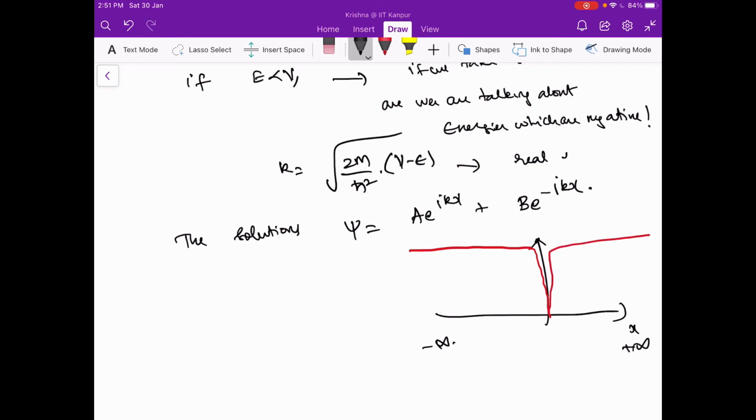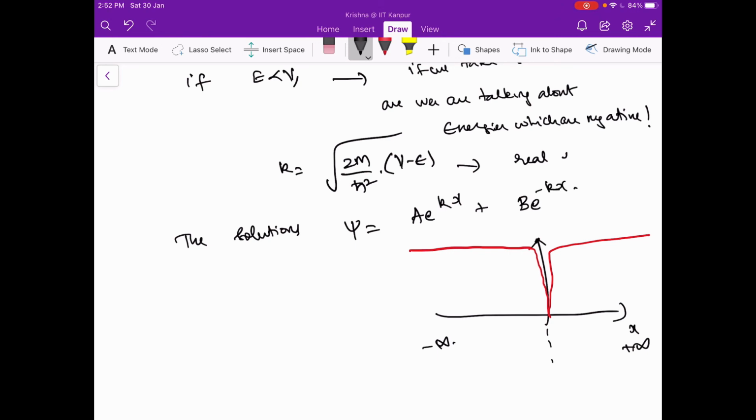And the solutions are, let's say this is region 1 and region 2 as we have taken in the previous case. In both cases the solutions are going to be like this, but it's not plus or minus ikx. This is just e power kx and e power minus kx, right? Because k values are real.